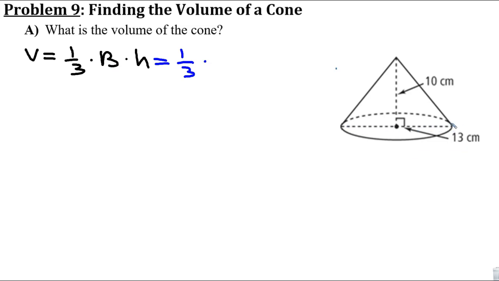Now, if you ever have a question as to whether you're looking at a diameter or a radius, don't be afraid to ask. The radius of this is going to be half of 13, which is 6.5. So area is going to be pi times 6.5 squared. And then once again, we'll go times the height, the 10 here.